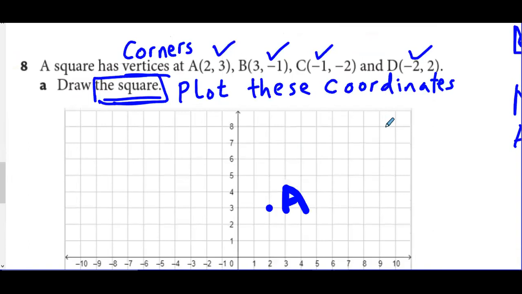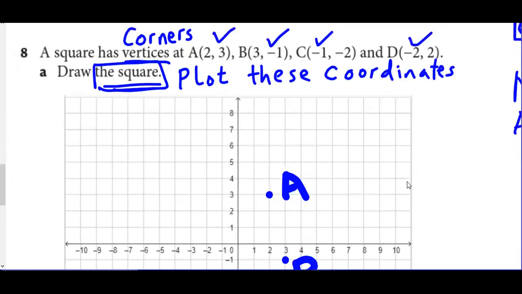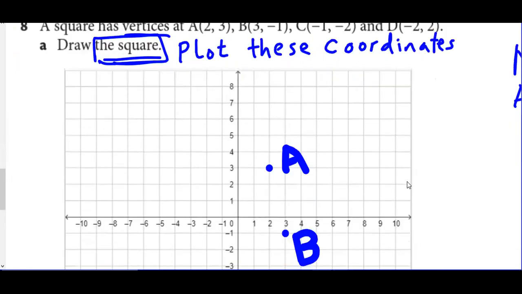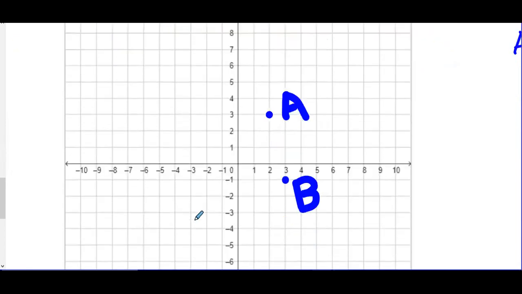That is your (3, -1). How about C? C is (-1, -2). Where is (-1, -2)? This is your -1, and this is your -2. See that? And you label that point C.